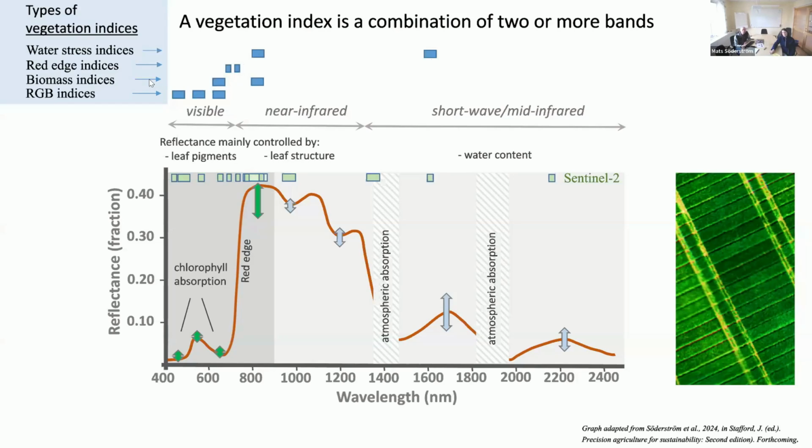Then the more traditional indices are based on the near infrared and the red part, NDVI for example, and typically very useful for biomass predictions. And then we have RGB indices that are based on the visible part of the spectrum. So if you have an ordinary digital camera, you can do some indices also by using the red, green, and blue bands.